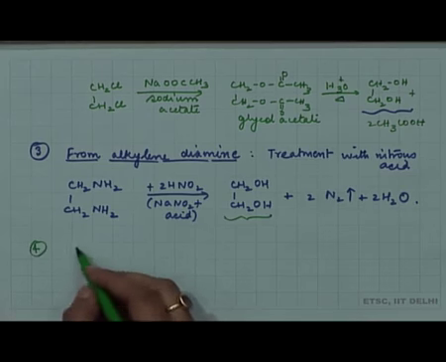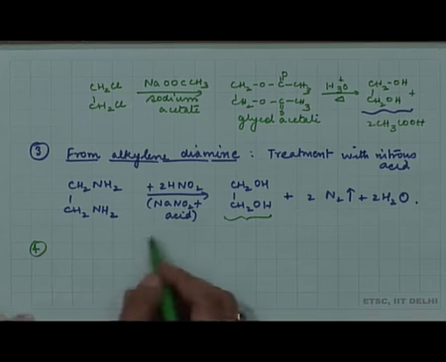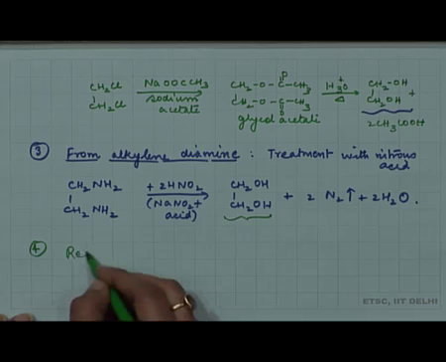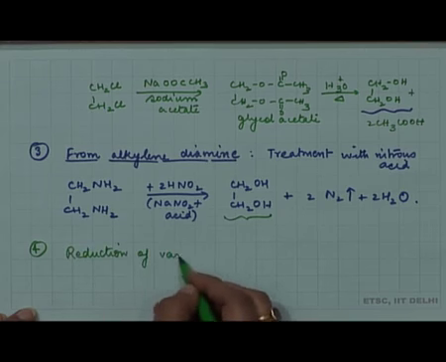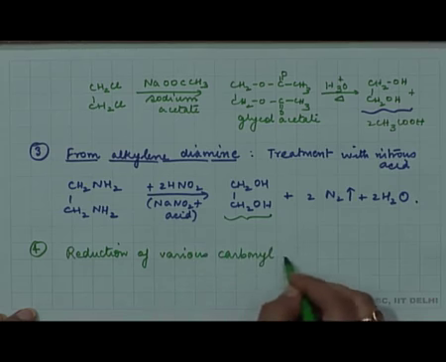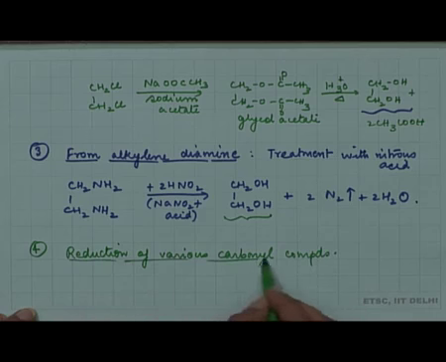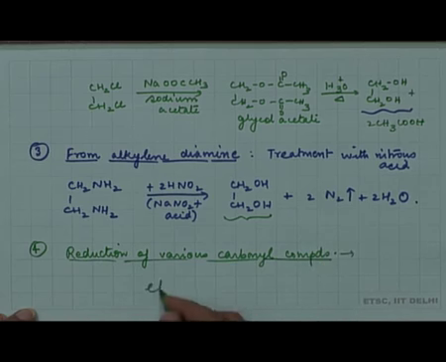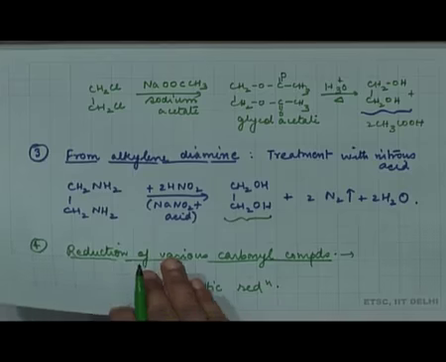Another method is, as we did previously also, reduction of carbonyl compounds to give alcohols, simplest of all. In this case, the preferred choice of reduction is electrolytic reduction of the carbonyl compounds.